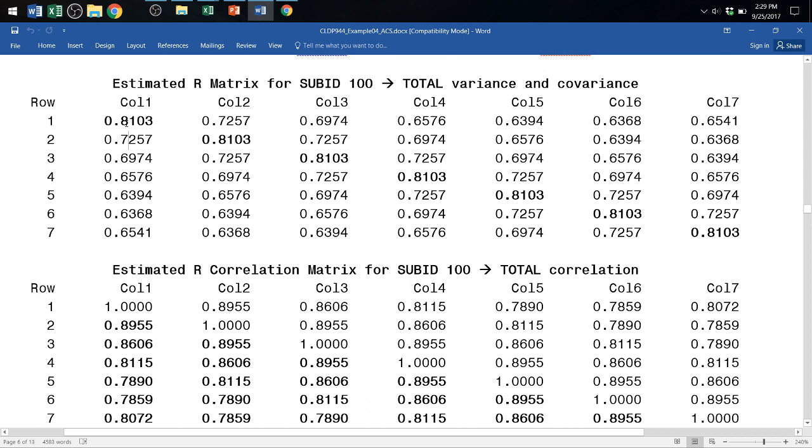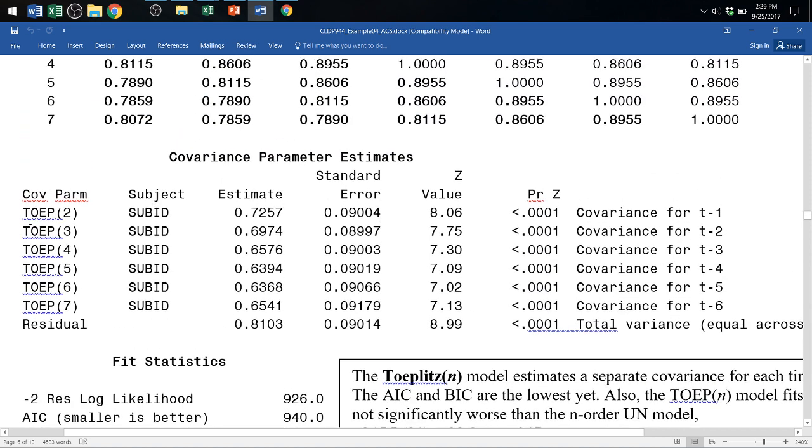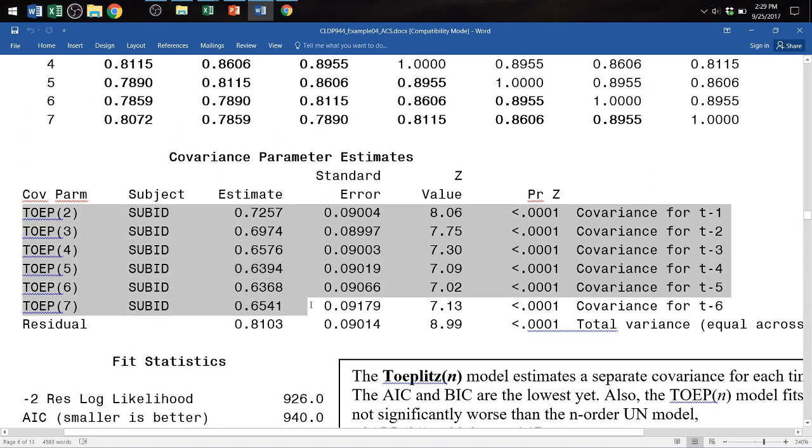And now this is specified in terms of different covariances on each off diagonal. So here's the first one, 0.72, 0.69, 0.65, 0.63, 0.63, 0.65. And those parameters then for those covariances are all listed right here. So this model is more reasonable than AR1 because it doesn't restrict the correlation to decay based on one number. It gives a different relationship for every possible time lag.